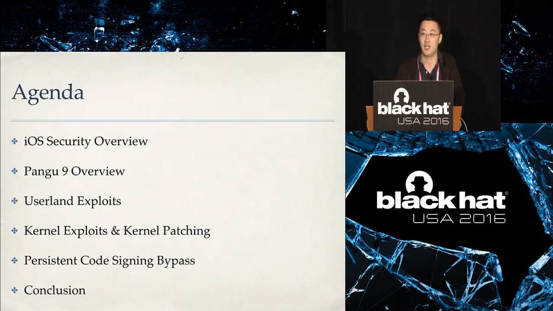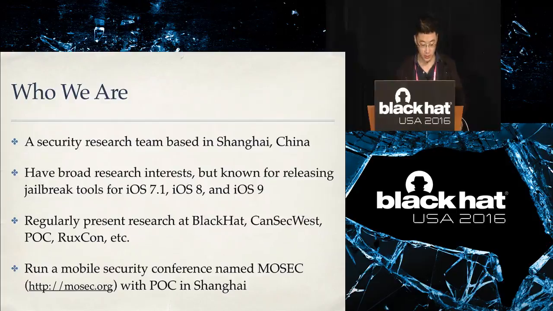Especially, we will discuss how we patch the kernel in the presence of KPP, also known as Kernel Patching Protection, which is a hardware-based kernel integrity protection mechanism. And the most beautiful part is how Pangu 9 achieves the persistent code signing bypass, and we will give the details of that part. And finally, we will conclude the talk and answer your questions.